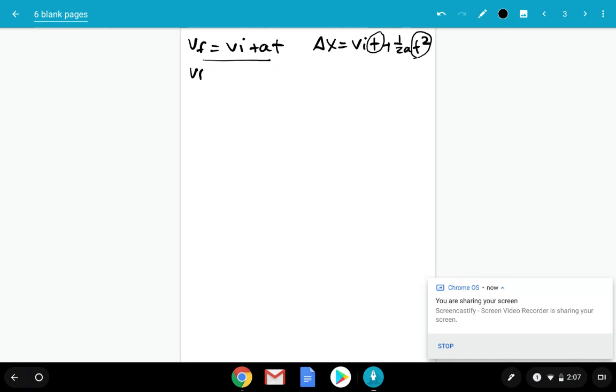So let's move things around, move over the VI, divide by A. That'll give me T. Now over here, I'm going to substitute it in, and it's going to be a mess at first, but hang in there. Trust me, this is going to be elegant at the end. So VF minus VI over A plus 1/2 A, and oh dear, I'm going to have to go down here. That's all right. Squared.